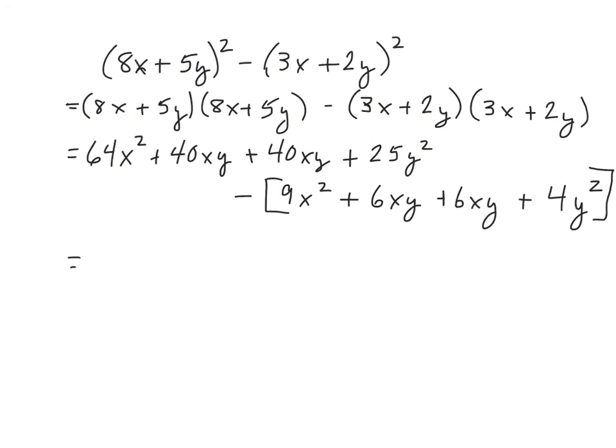Now we need to subtract. So notice the subtraction here in front of the big set of brackets. Because I'm running out of space, I'm going to skip a step here.